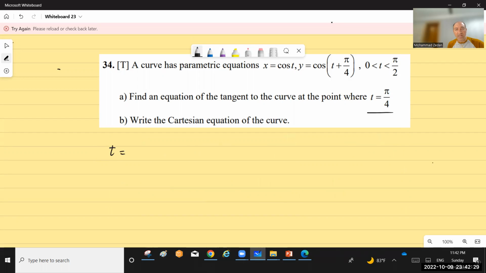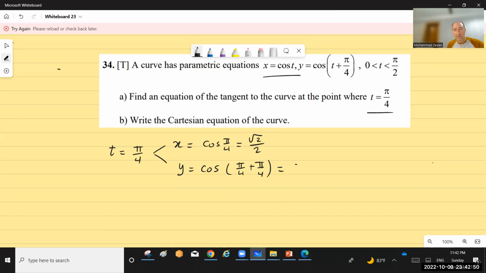When t is pi over 4, x is cosine pi over 4, which is radical 2 over 2, and y is cosine of (pi over 4 plus pi over 4), which is cosine pi over 2, and as you know, cosine pi over 2 is equal to 0. So the point is radical 2 over 2 and 0.